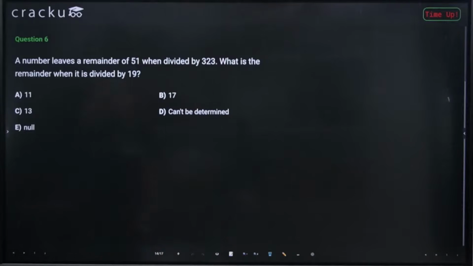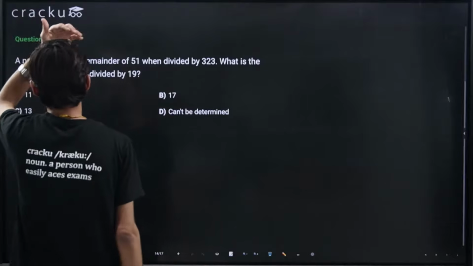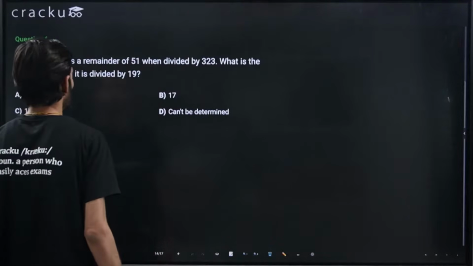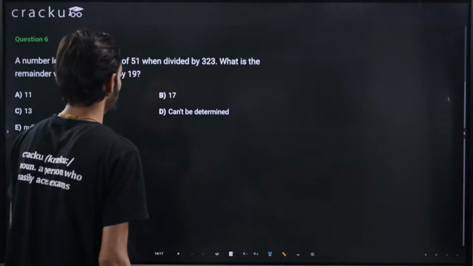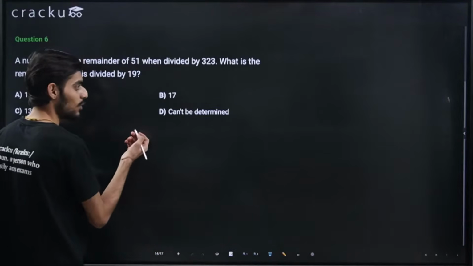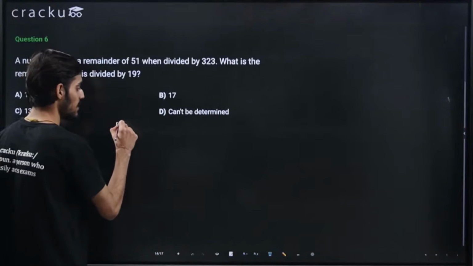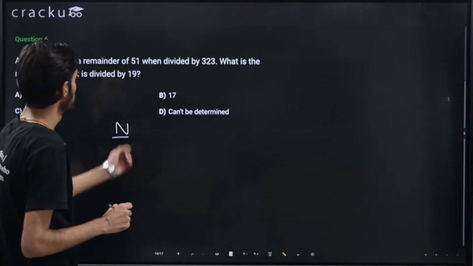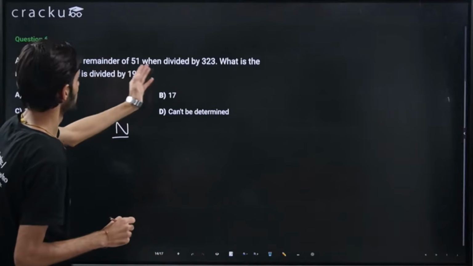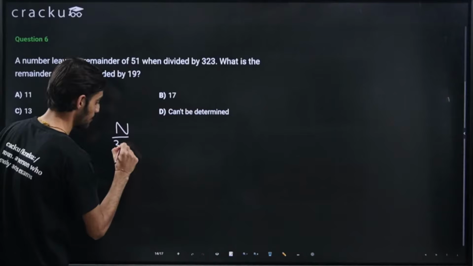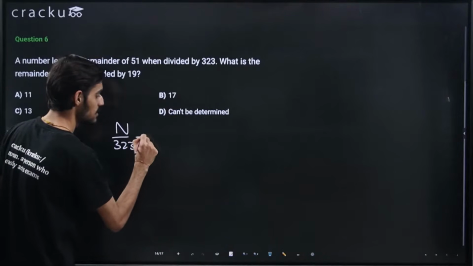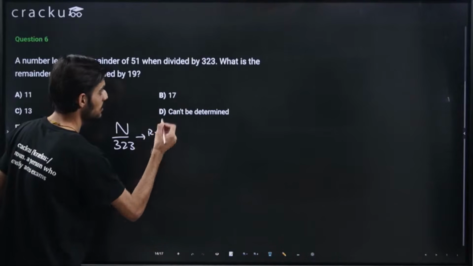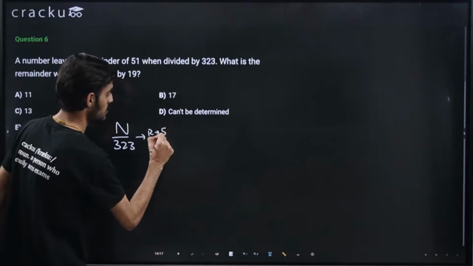Let's attempt this question. We are asked that a number leaves a remainder of 51 when divided by 323. We don't know the number, so let's say the number is n. Divided by 323, the remainder is 51.